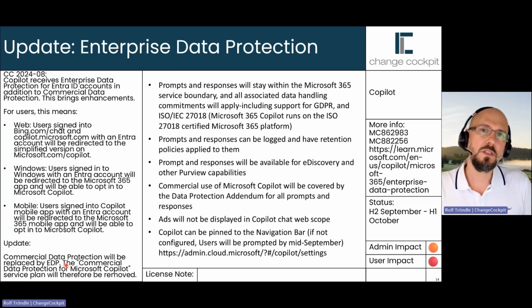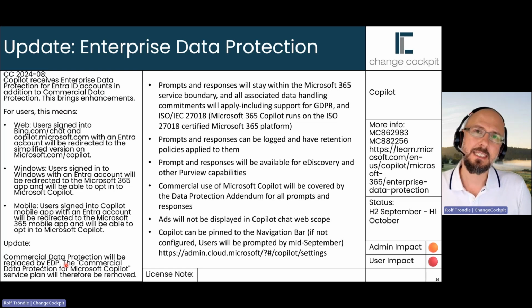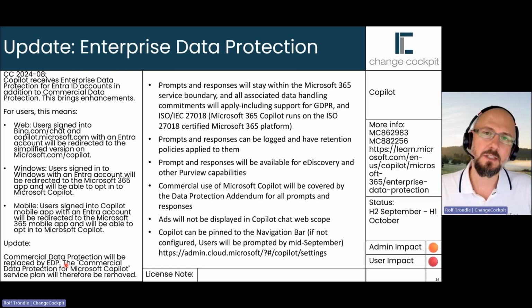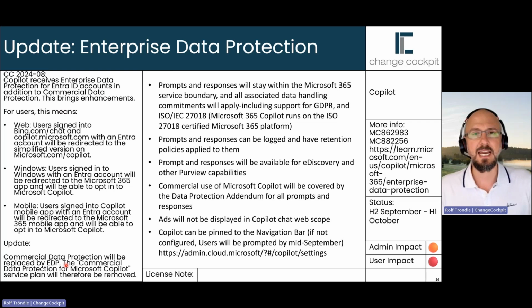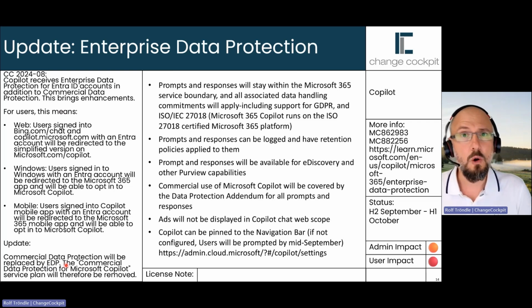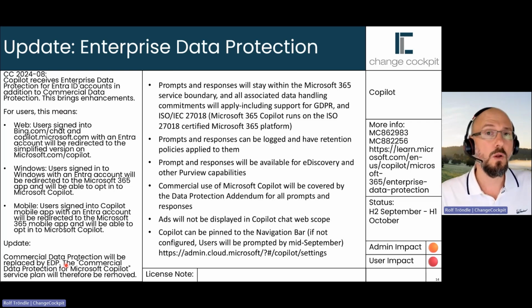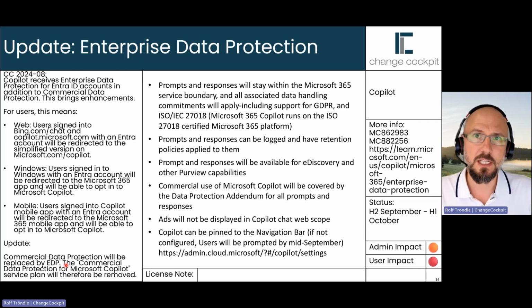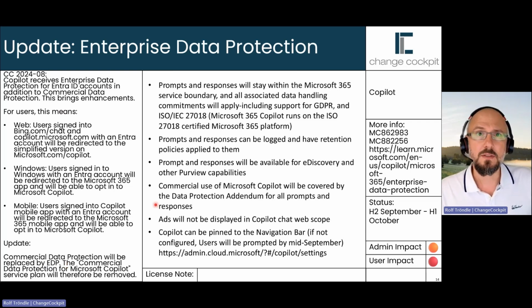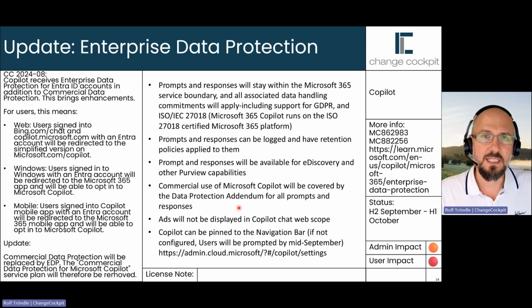So if you used the service plan in the licenses in your admin center to configure whether a user has access also to the free Copilot experiences, you can't do this anymore, because this service plan will be removed as enterprise data protection is rolled out starting in the second half of September.